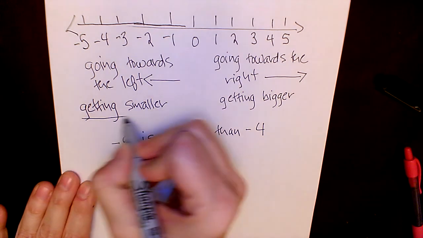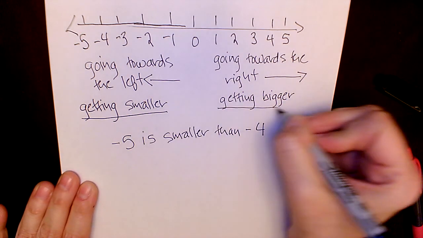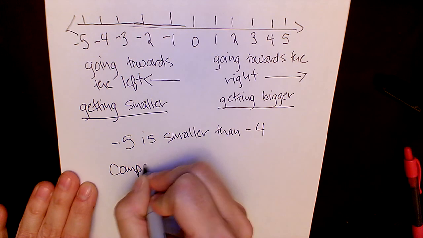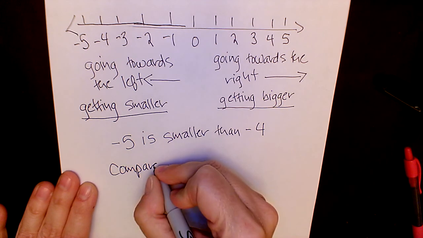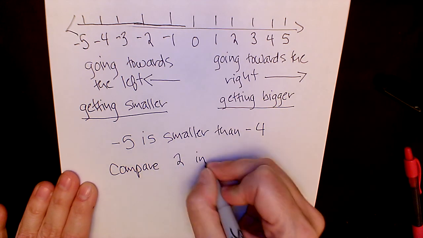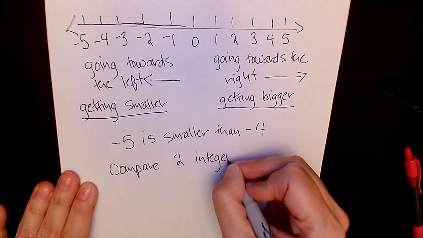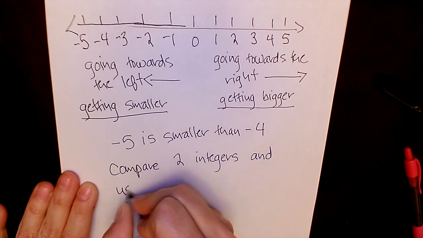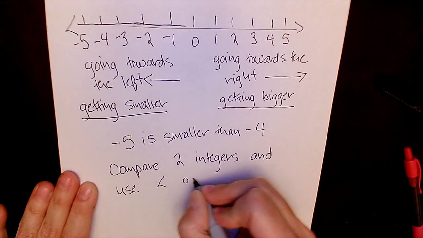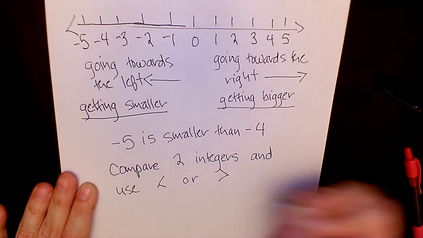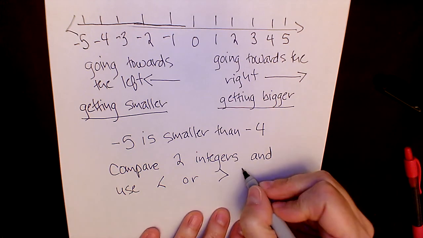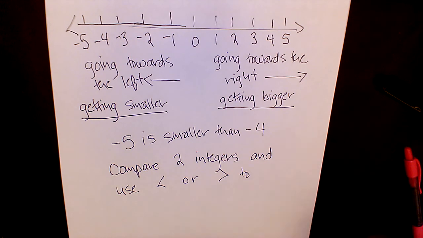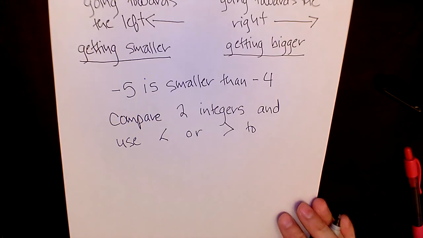Let me underline those. So let's look at two integers. And remember, less than and greater than, and we're going to put those in the box to make the statement true.